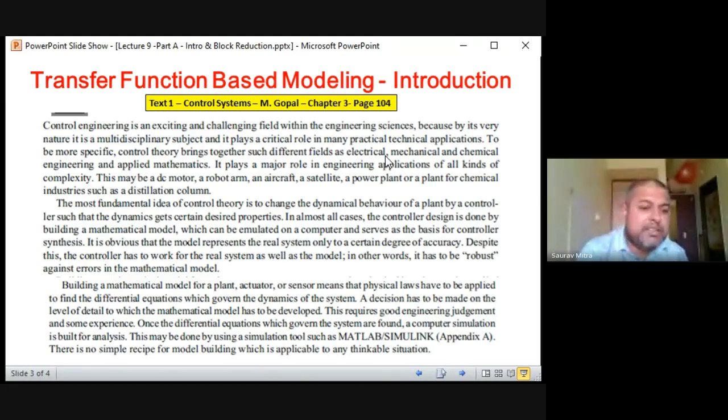So a decision has to be made on the level of detail to which the mathematical model is developed. If you want a very highly accurate model, then you have to make a mathematical model with many variables. The input-output relationship can be represented roughly or very accurately. Roughly means you are mainly capturing the dynamics which cause major changes in the system.